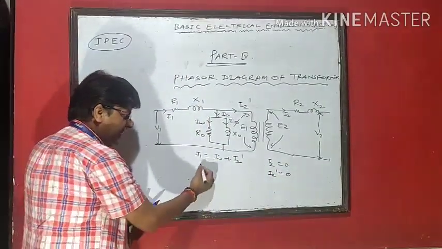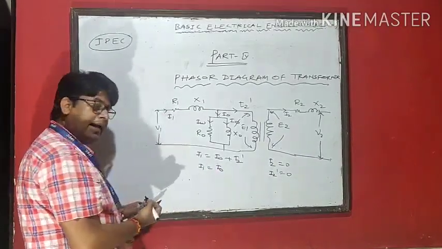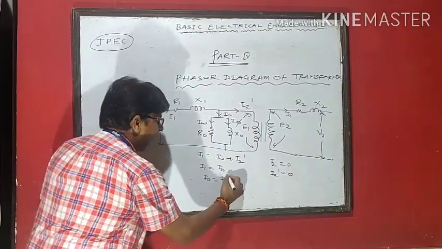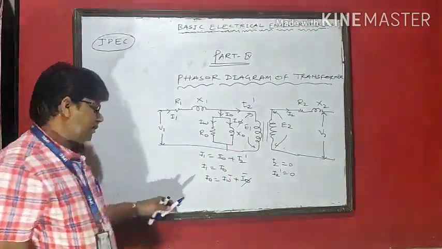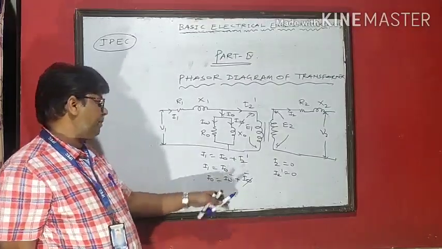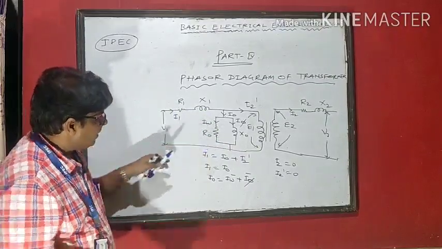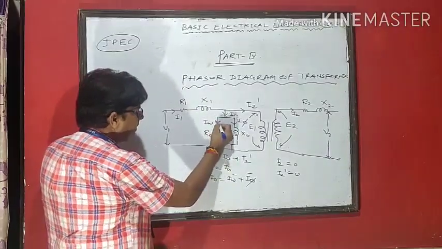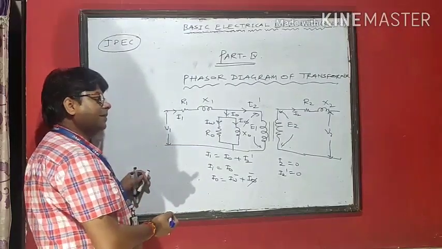So from this equation, I1 equal to I0, where I0 equal to working component IW plus I phi. This is the working component due to the electric field effect, that means same phase with this voltage, because in a resistive circuit, voltage and current are in the same phase.